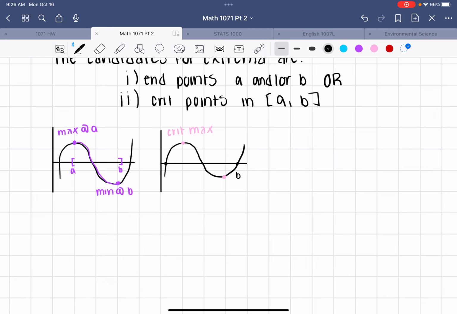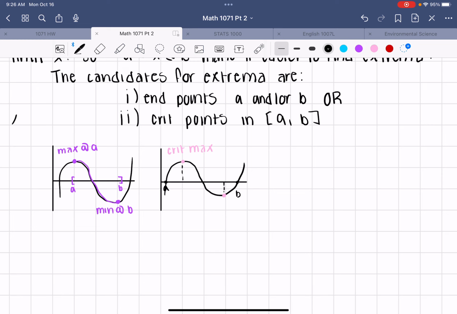Oh, and notice, I have made an assumption here. I have assumed that f of x is continuous on the interval. No jumps, no breaks.